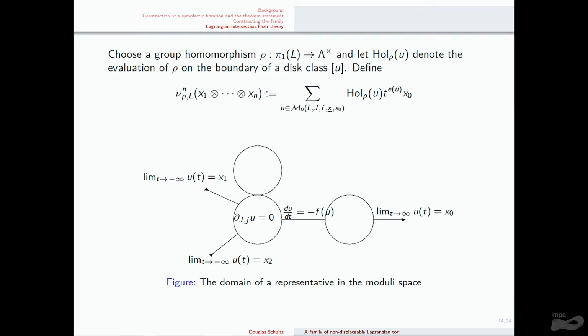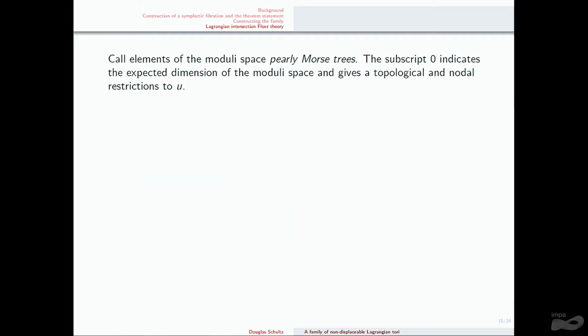This is going to be required to live in the unstable manifold of x1 with respect to negative f, and the same over here. In this direction, these you can call the leaves, and this is the root. This is going to be in the stable manifold of x naught with respect to negative f. Okay, that's basically all I'm going to say for that.